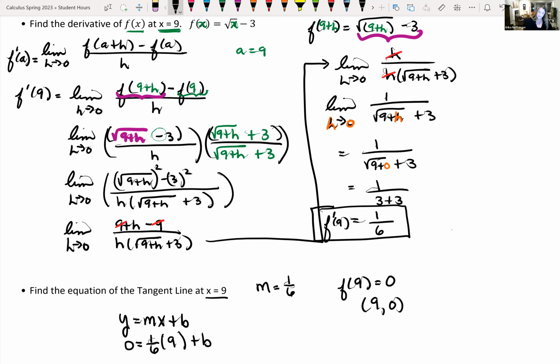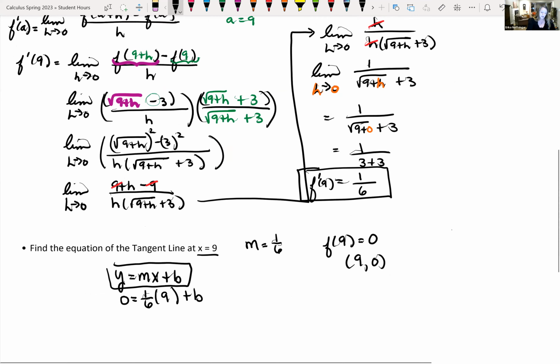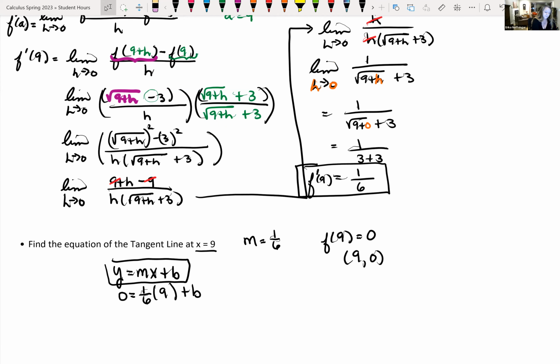And if I solve for b now, then I know what the equation of my tangent line is, because I can go back into y equals mx plus b and just plug in my slope and my b value. We like to reduce our fractions. We have 1/6 times 9. I notice that both 6 and 9 are divisible by 3. So I can reduce this as 0 is equal to 3/2 plus b.